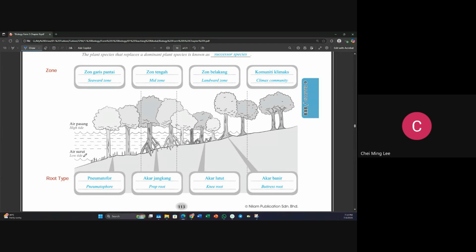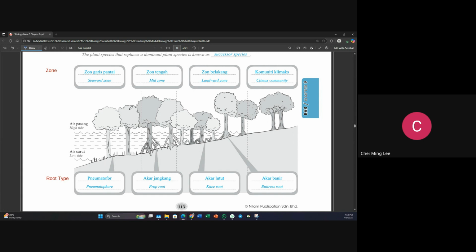So this one here becomes the seaward zone again, and the pioneer species now goes here. So if you look from the seaside, the zone keeps moving out and out to the sea until there's no space anymore. Correct? So this is how succession comes in.